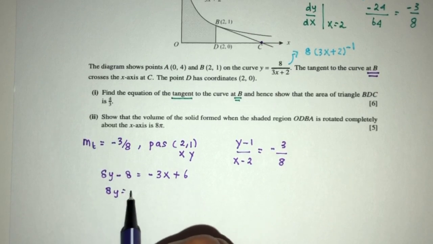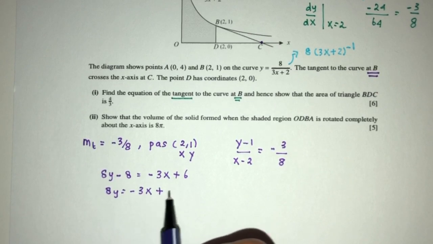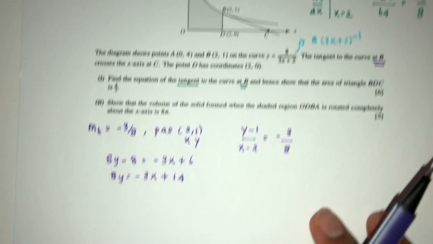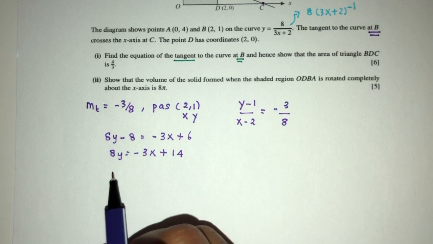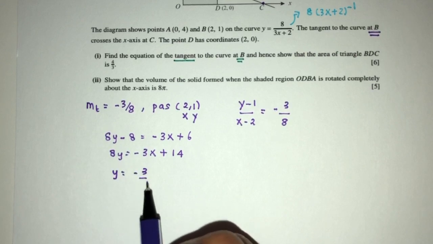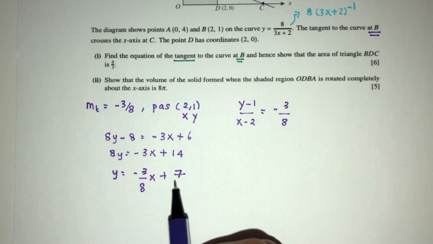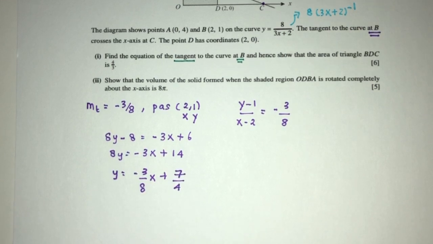Now 8y is equal to minus 3x plus 14, and that will be my equation for the tangent. Again, you can always make y the subject, it is up to you, you can do that. That will be 8 here, and then that will be 7 over 4 as the other one. Okay, that will be also the same thing.